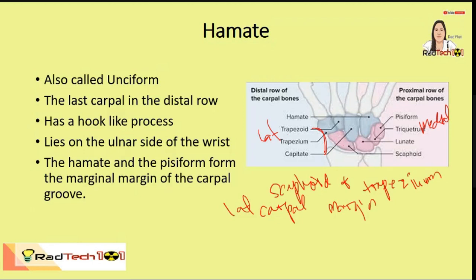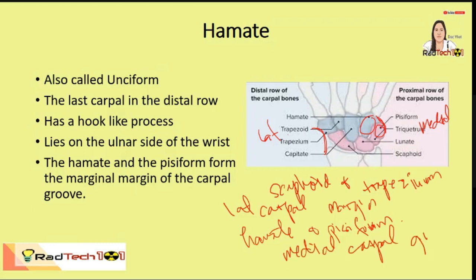While the hamate and the pisiform, this one, they form the medial carpal groove. So hamate and pisiform medial, scaphoid and trapezium lateral.